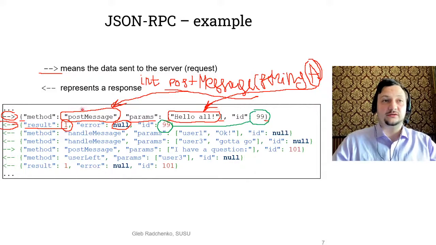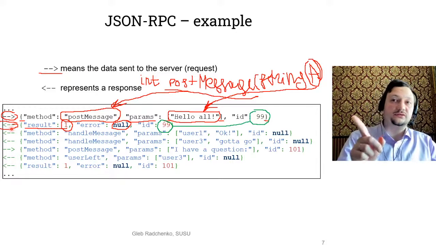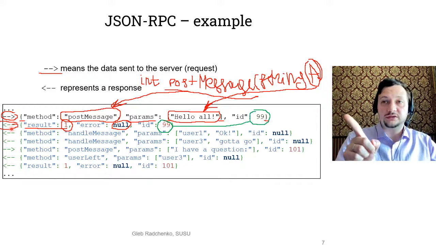So we can see here this request-response pattern. When we send the request to the server and we highlight this identifier 99, the server sends us back this result, and he also highlights that this is the result for the message with the identifier 99.